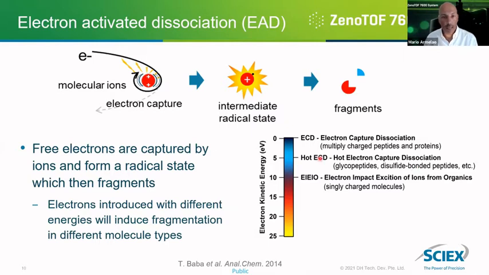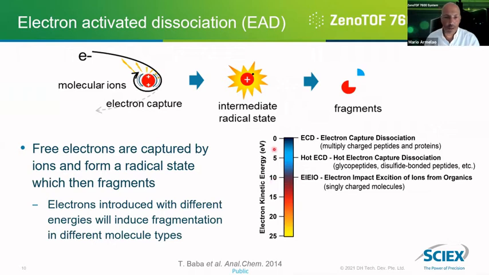But for today's approach, much like the same for lipidomics, we would favor a much more energetic regime, so around 10 electron volts. In this case, the free electrons are captured by the ions, which forms an intermediate radical state, which is unstable and therefore fragments, producing charge fragments that we can analyze.